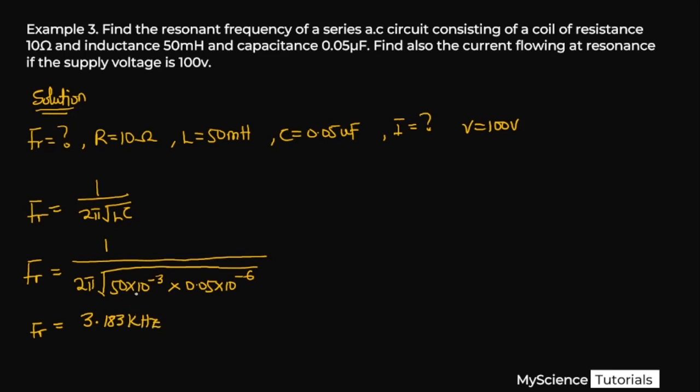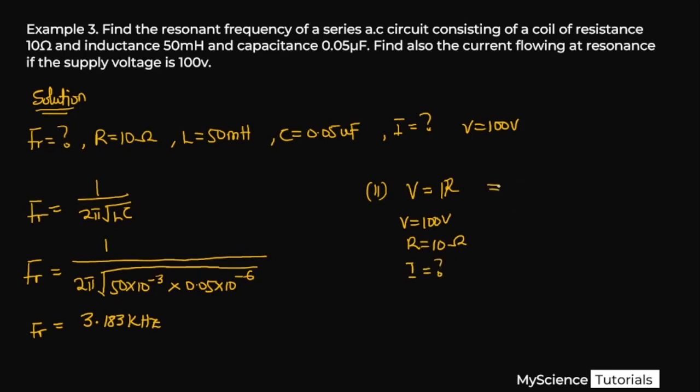as our resonance frequency. All right, so the second part of the question is demanding we find the current if the supply voltage is 100 volts. So over here we were told that V is equal to IR, and we already know our voltage, that V is equal to 100 volts. We know our resistance to be 10 ohms, and then we don't know what our current is.